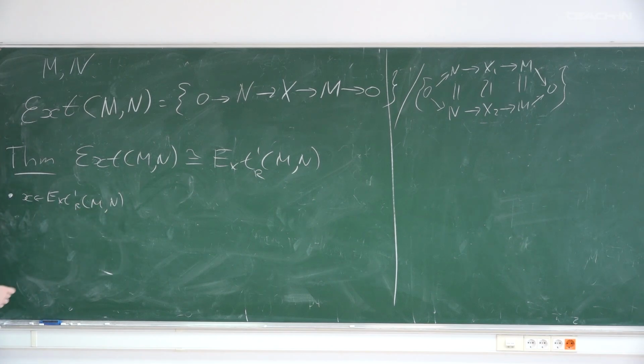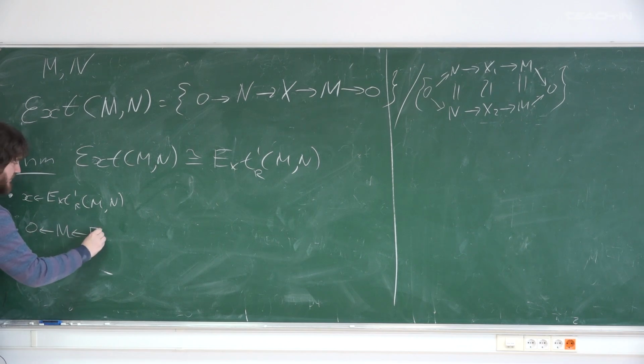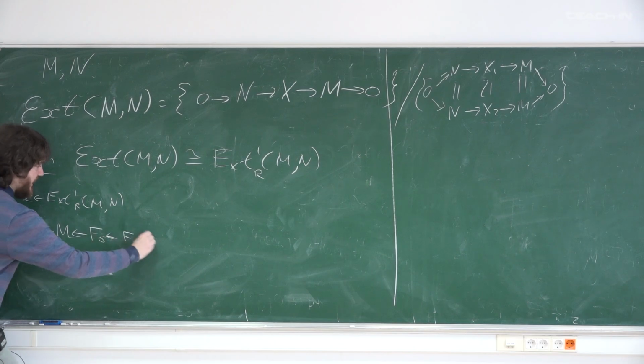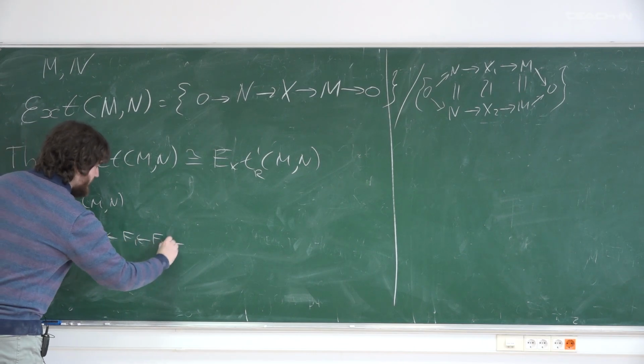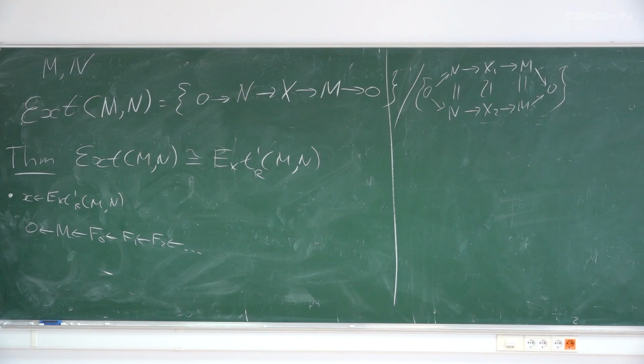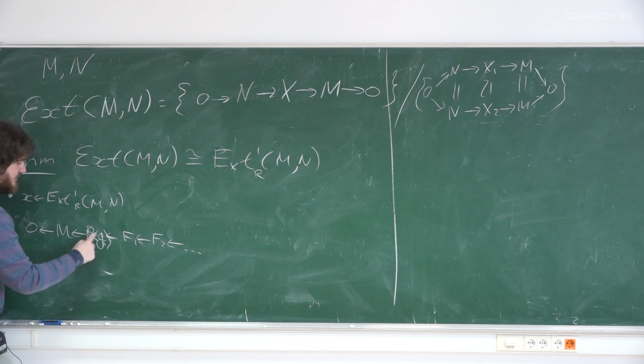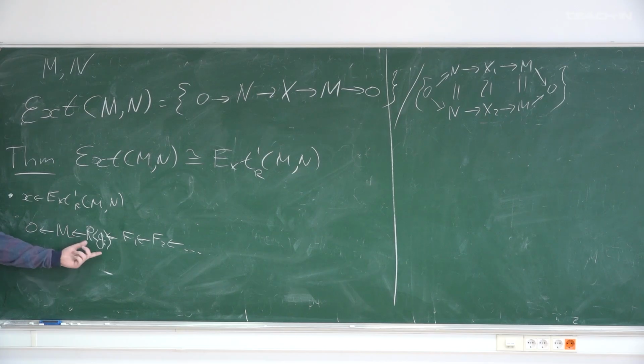This means that I consider some free resolution of M. I need these three parts. They are free modules, so it's an R-module with basis j_i. These are generators because it goes to some generators of M. The choice of this surjection is a choice of generators of M.